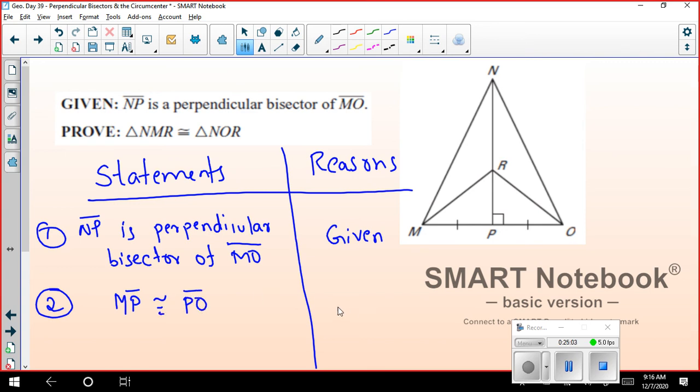I want you to list the reason for the third step. The third step I will write: angle RPO is congruent to angle RPM.